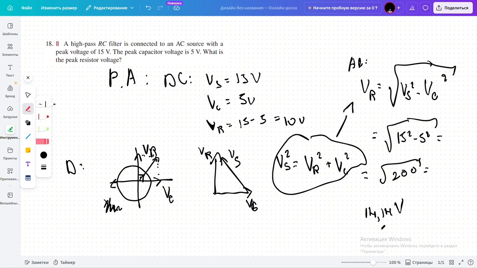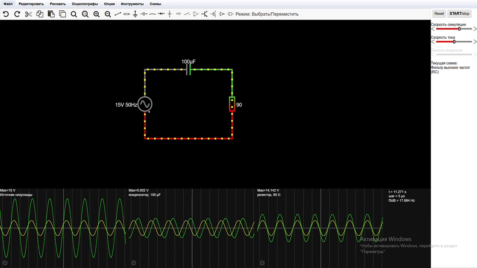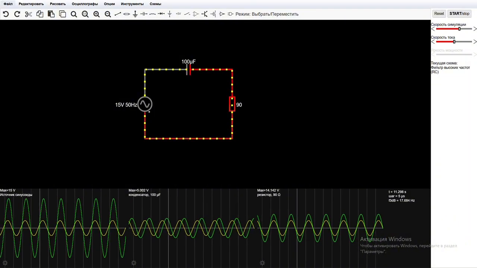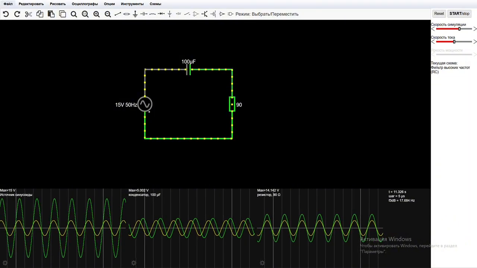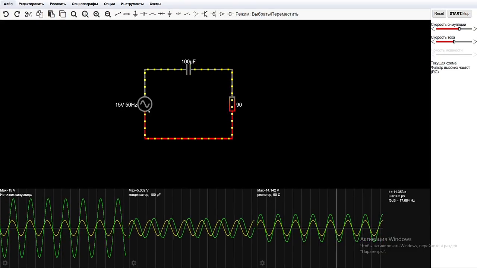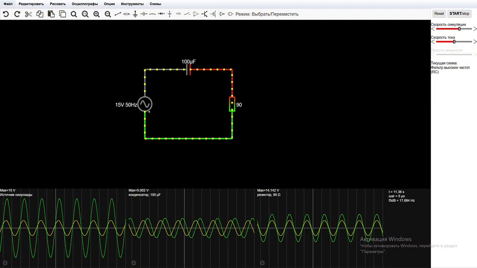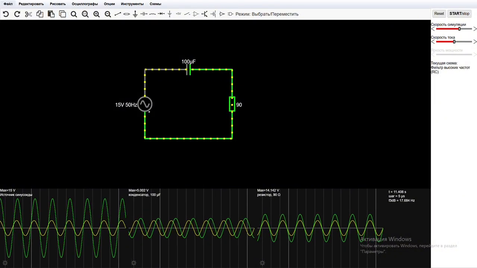So you can see at the oscilloscope graphs and notice that the peak of the capacitor voltage and the peak of the resistor voltage do not happen at the same time, and this phase shift is exactly why 14.1 volts plus 5 volts doesn't equal 15 volts.